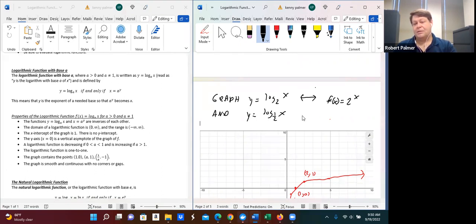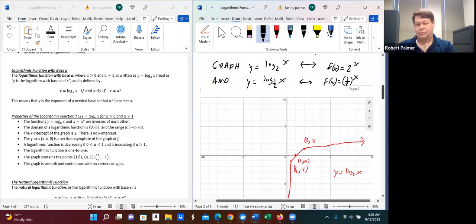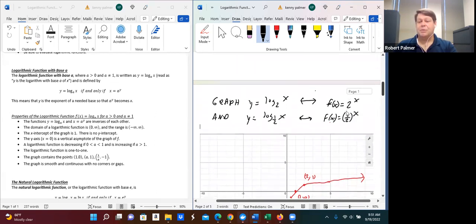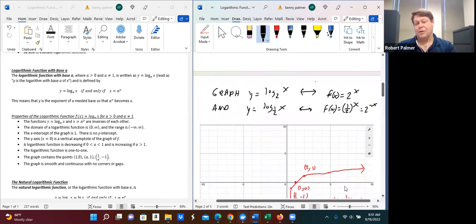Then this, in the same way, gives the same information as f of x is equal to (1/2) to the x. Remember this graph, if you understand exponential graphs, this is also the same as 2 to the negative x. So that was actually a decreasing exponential function like that.